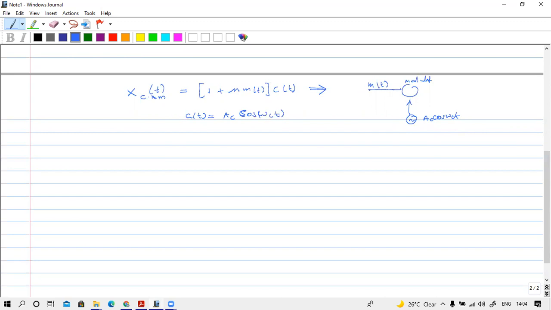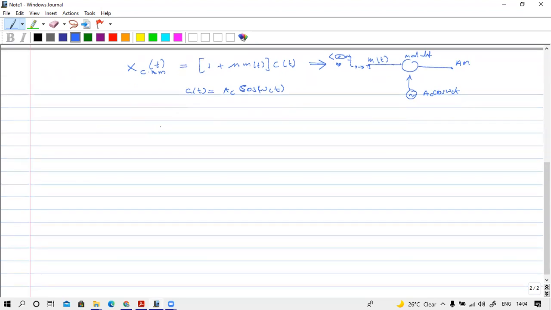If the message signal is an audio signal, it may be the signal that comes out from a microphone. If someone speaks here, the microphone will convert it to an electrical signal, and that is the baseband signal or message signal. So we get the AM output.